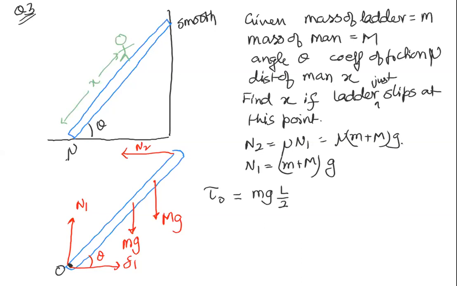We have to find x. Torque: MG L by 2 cosine theta plus mg x cosine theta minus N2 L sine theta.